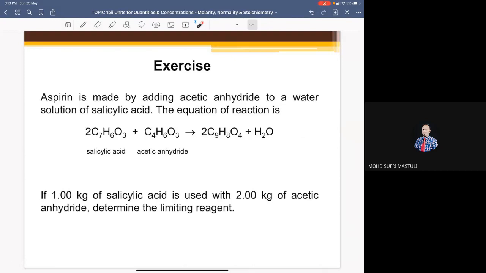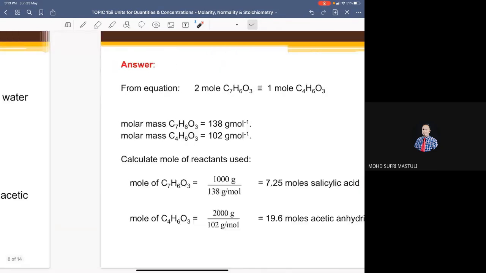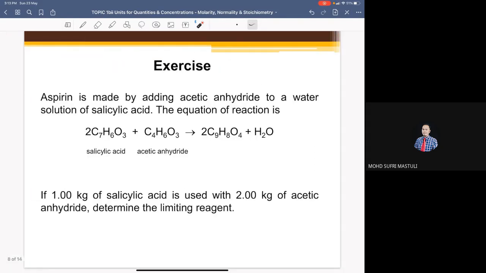Okay, so this is another exercise that you should try, even though the answer is already given. Aspirin is made by adding acetic anhydride to a water solution of salicylic acid. The equation of the reaction is as follows: salicylic acid and acetic anhydride.